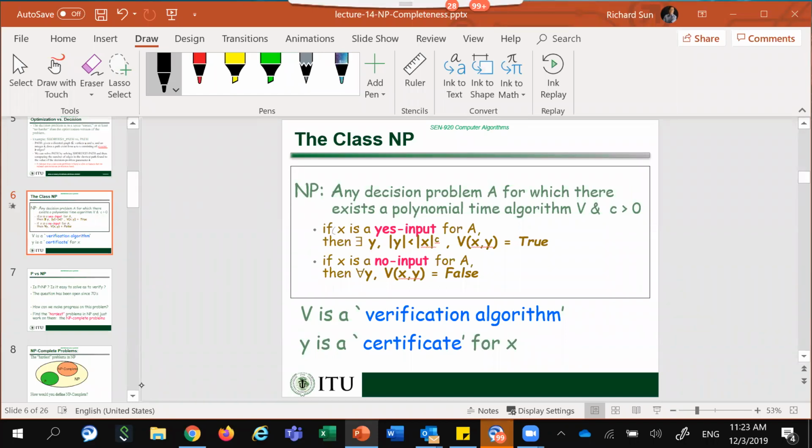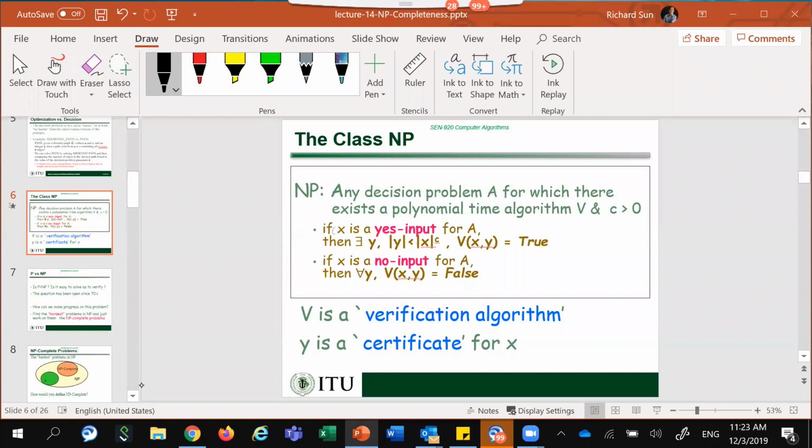The length of this y has to be bounded by a polynomial of the length of your problem instance.